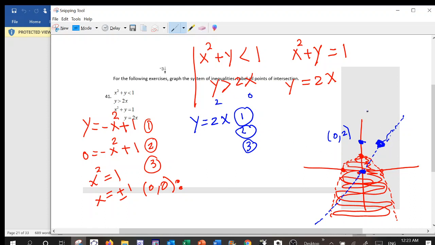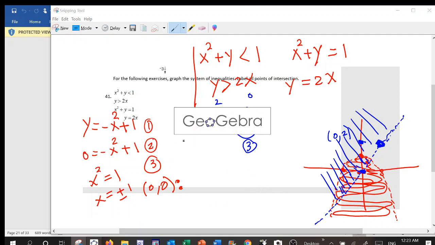So that means I need that part of this line. You see where the overlap is, right? The overlap is this area here. That's the overlap.